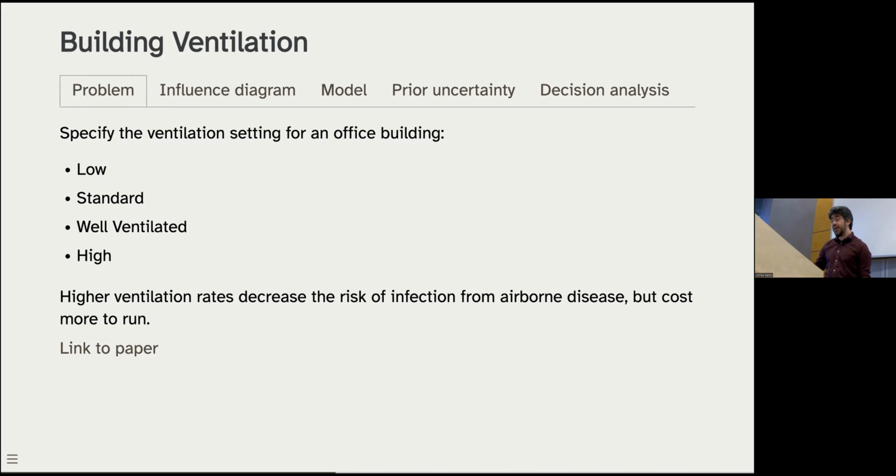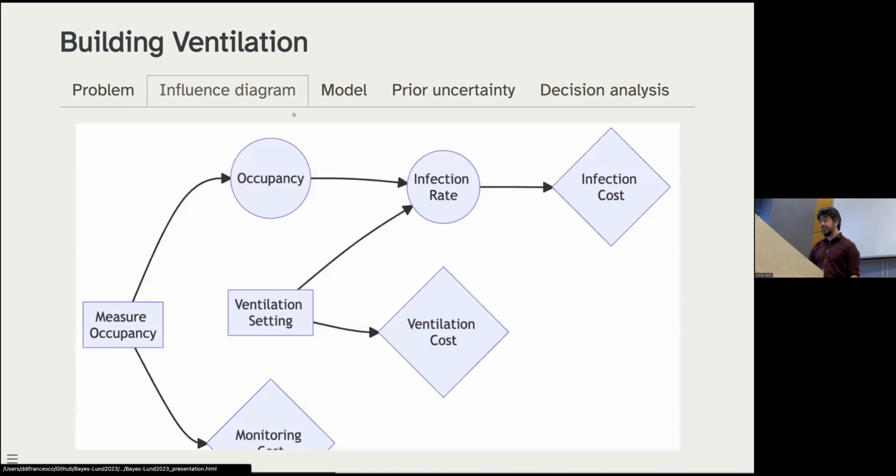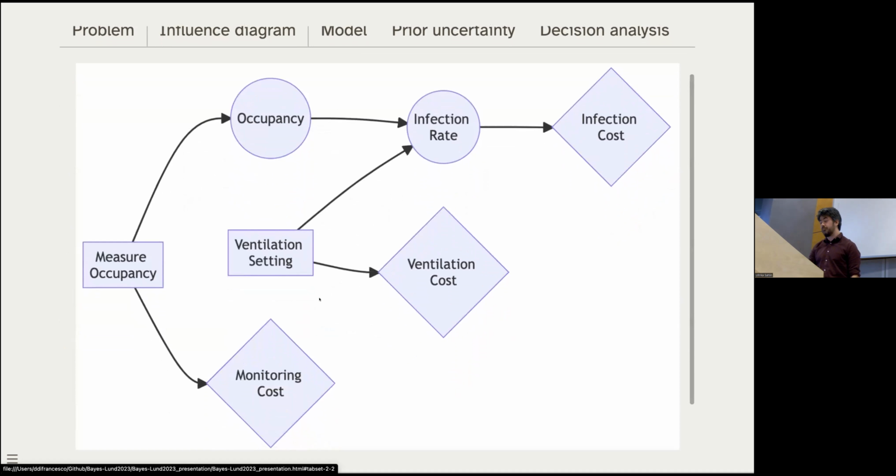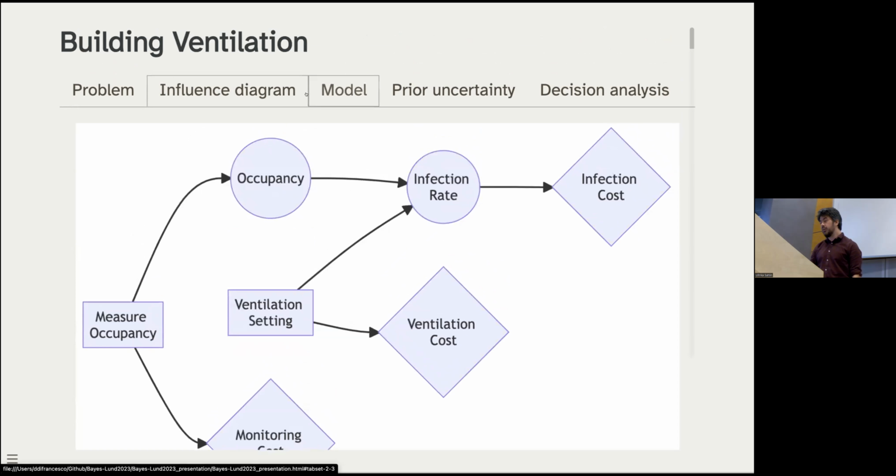So we've got a trade-off there where the outcome may or may not be intuitive. So we're going to formalize this process and represent it as a decision diagram. And you can see that our choice of ventilation setting will impact our uncertain infection rates. And the other thing that will influence this is how many people are in the building.